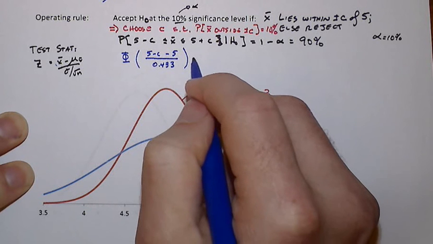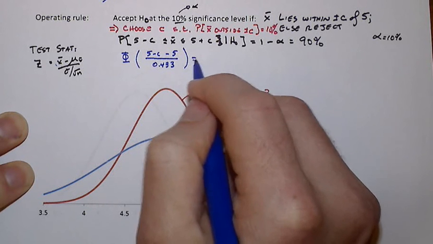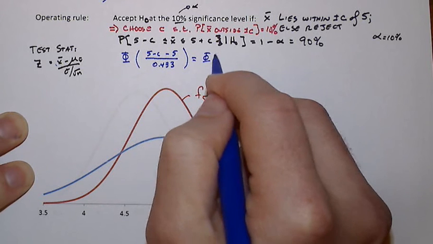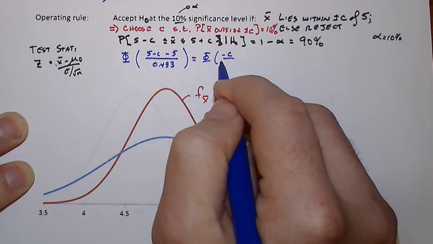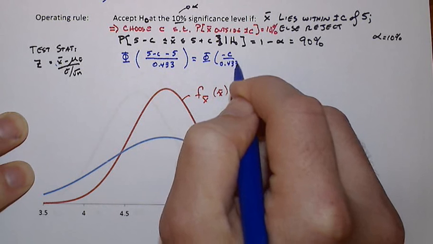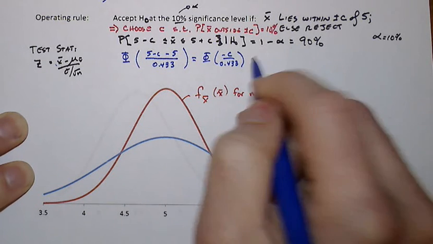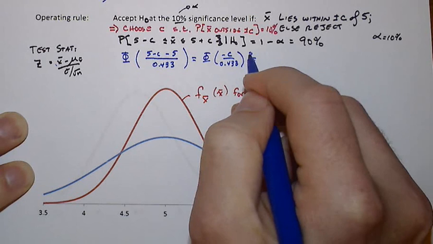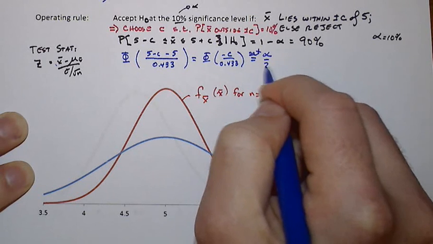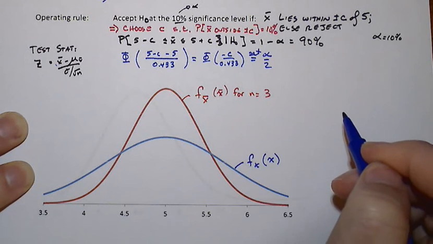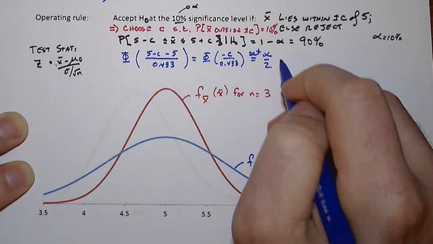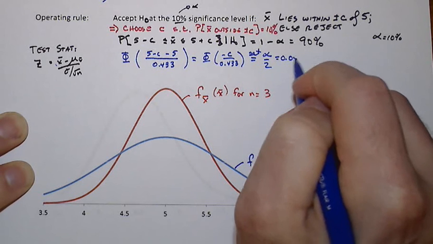Right, so that would, of course, just be 5 minus c over 0.433. Right, and we're going to set that equal to alpha over 2. That'll be the area out in the left-hand curve, that tail, so that'll be 0.05.